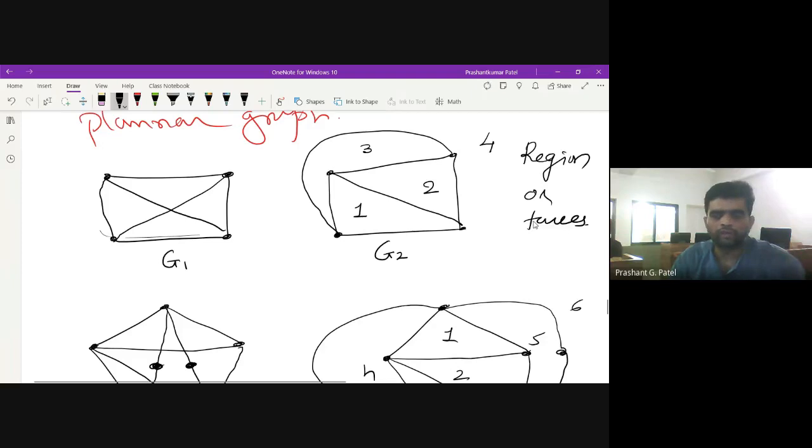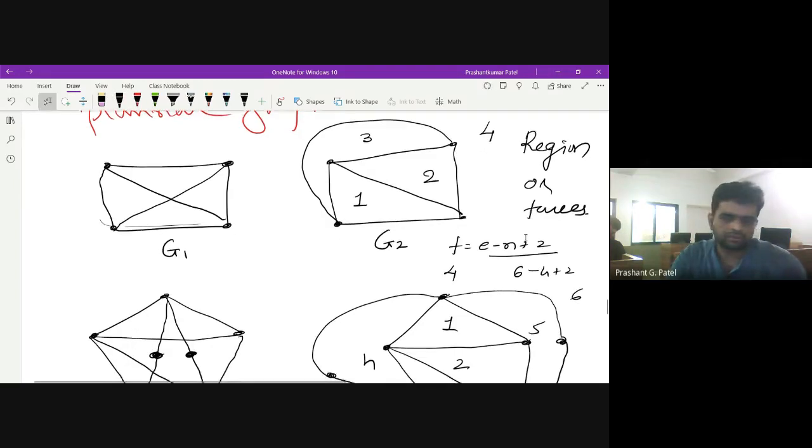If I calculate, it always satisfies this formula: f equals e minus n plus 2. Here f is 4. The number of edges will be 1, 2, 3, 4, 5, 6, so e is 6, n is 4, plus 2. You will see that the answer is 4.